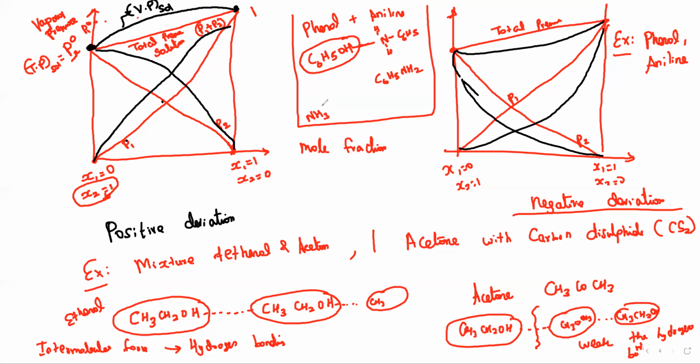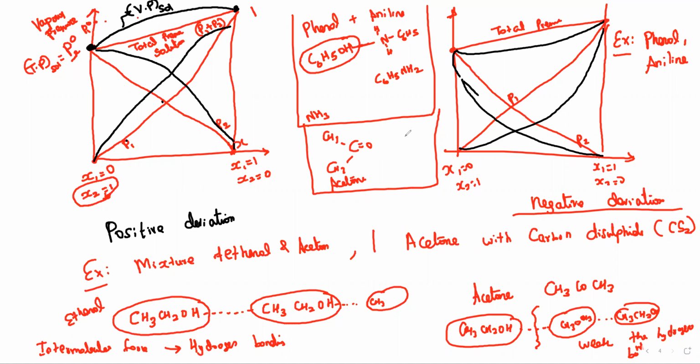And another example. Let me erase this. The next example. Acetone, CH3COCH3, looks like this: CH3, C double bond O, CH3.